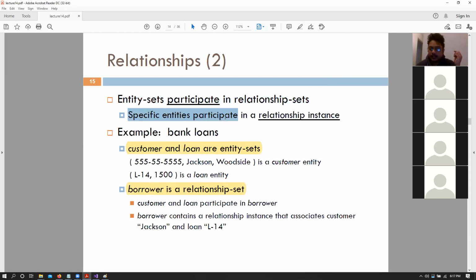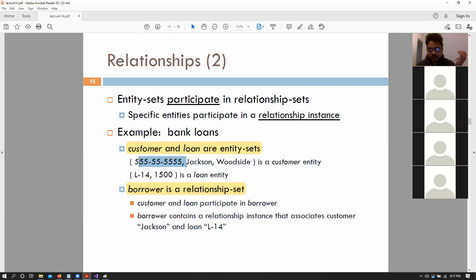And specific entities basically participate in a relationship instance. I own this laptop. This customer owns this loan, right? This customer is a customer entity. This loan is a loan entity, right?